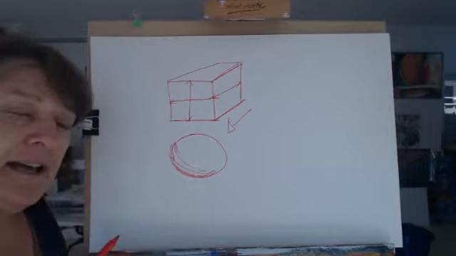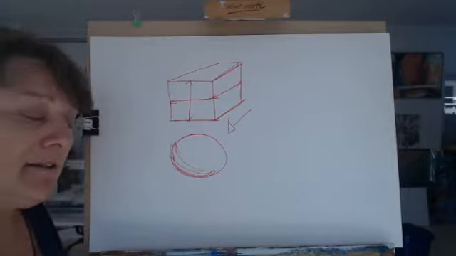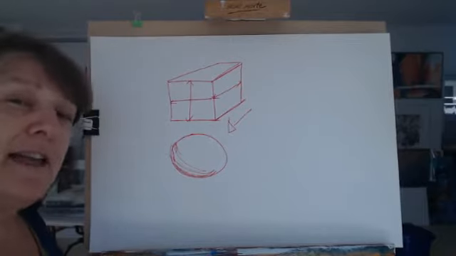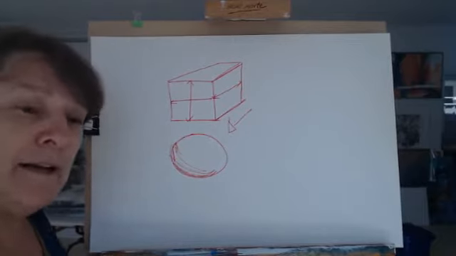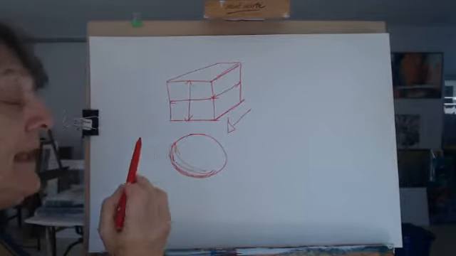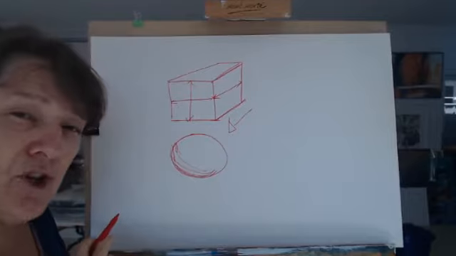But there's something else that I need you to know about to help give your viewer the impression that you are drawing form, you're drawing 3 dimensions, not 2. And that's in the way that you shade.